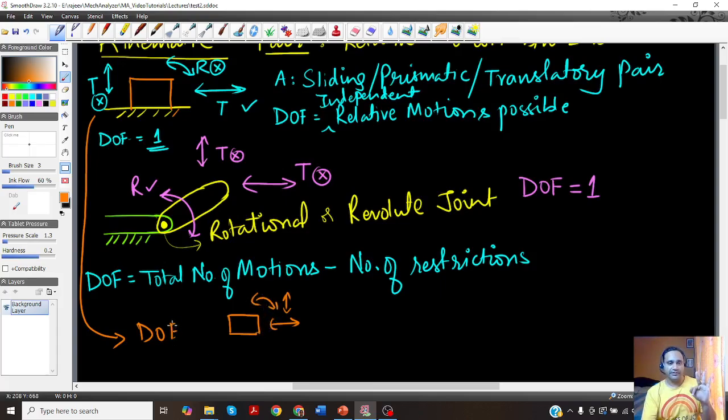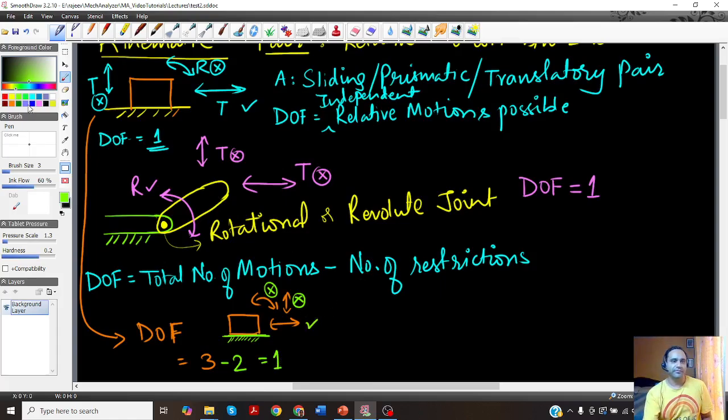Okay, so the total number of motions possible was 3, but if I place this restriction or constraint, what happens is I will not be able to move vertically up, I'll not be able to rotate. So that means I'll be having two restricted motions. So the degree of freedom is 1. That means 1 is allowed. That is what it is.